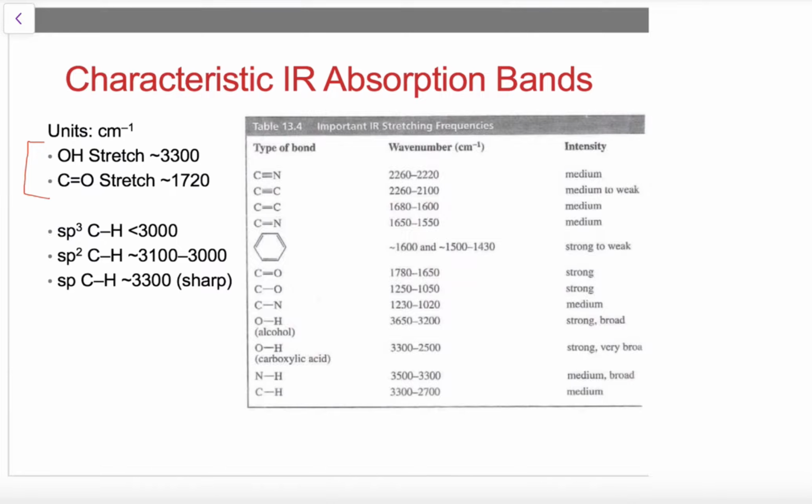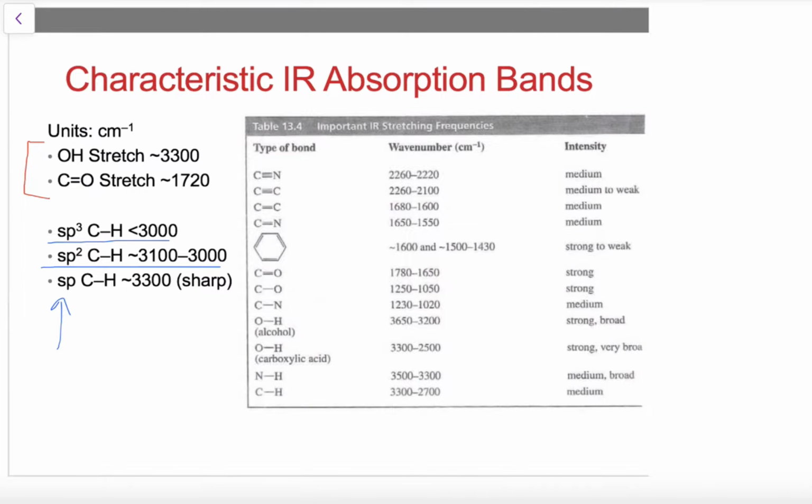Something else of interest whenever we look at the IR are the types of carbon-hydrogen bonds. They will show up at different places depending on their hybridization. For instance, the sp3 carbon-hydrogen shows up less than 3000, so to the right of 3000 on the IR spectrum. sp2 shows up around 3100 to 3000, so a little bit to the left of 3000 on the IR spectrum.